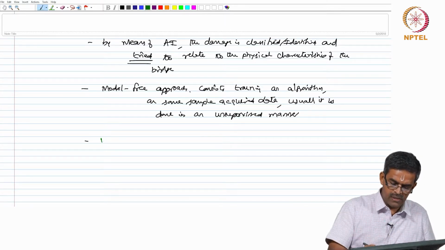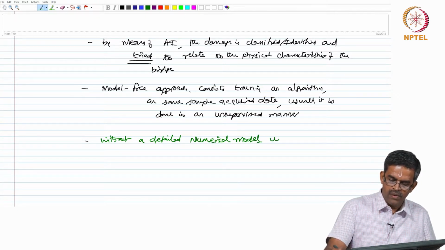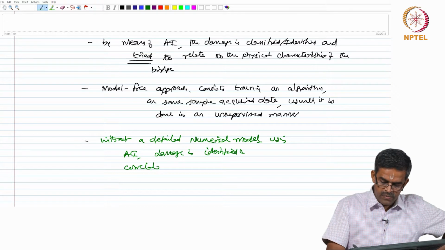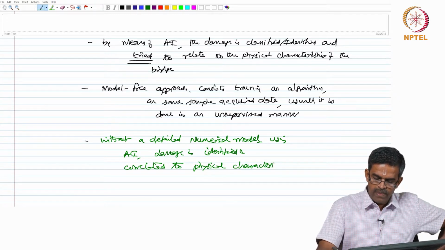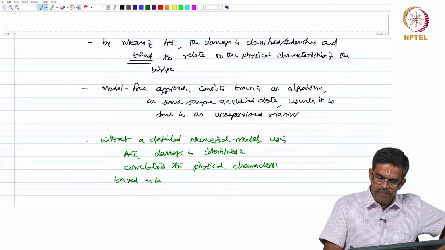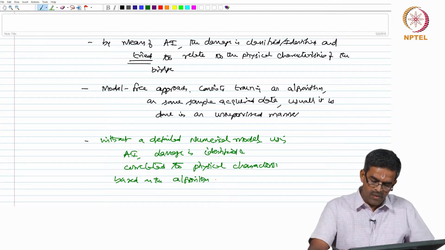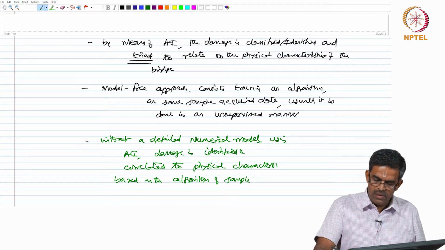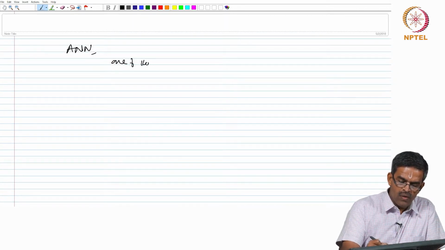So the advantage in this case is, without a detailed numerical model, using artificial intelligence, damage is identified and correlated to physical characteristics based on the algorithm trained on sample data.